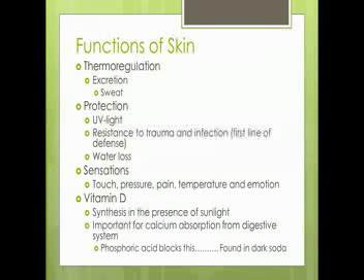When we are talking about protection of the skin, what are we protecting it from? Well, a variety of things, such as UV light that could damage the DNA found within our cells. The skin is also part of our first line of defense. Out in the world, which our naked eye can't see, we have lots of microbes, lots of pathogenic agents that can cause disease.